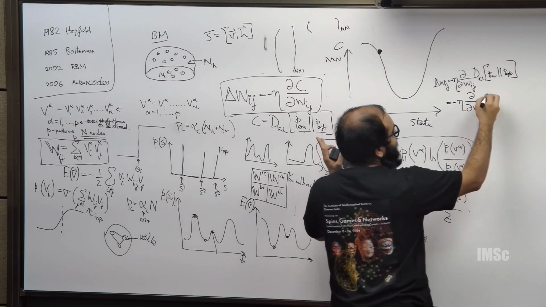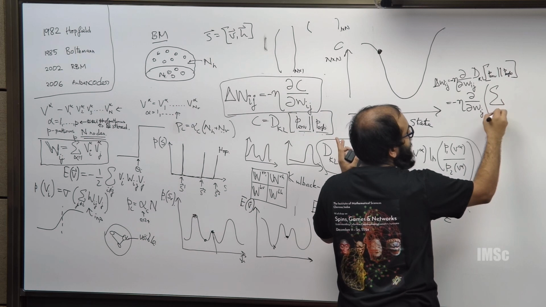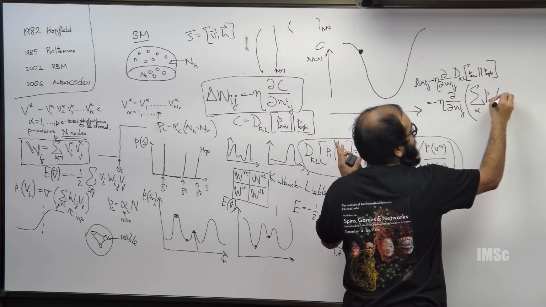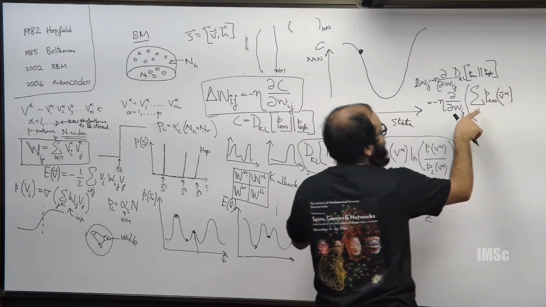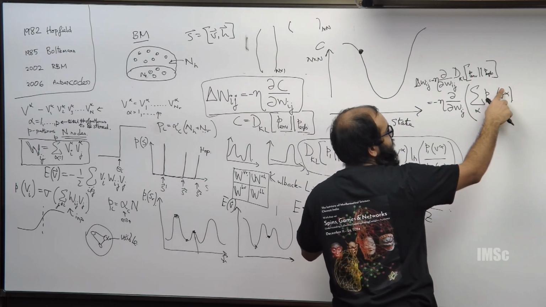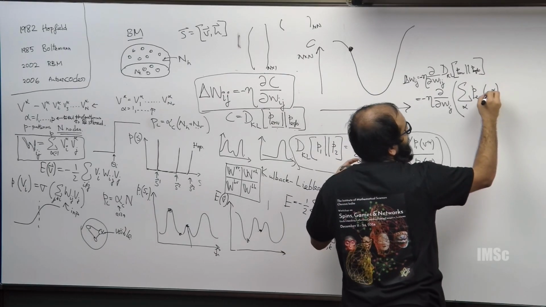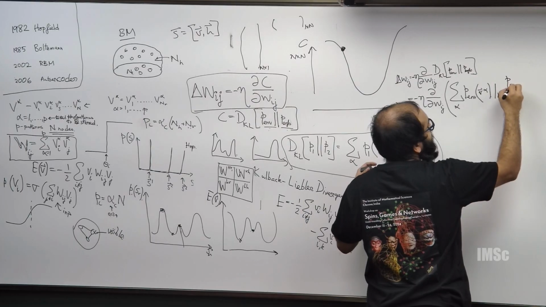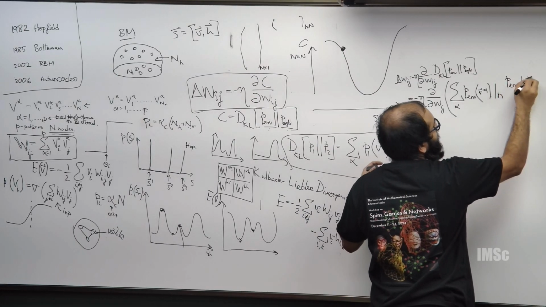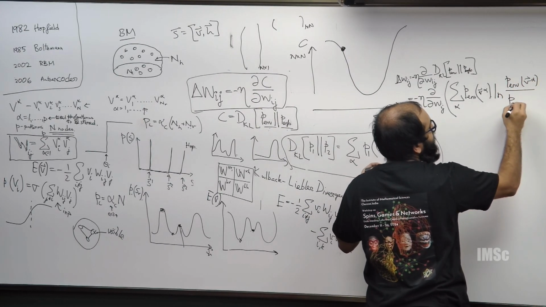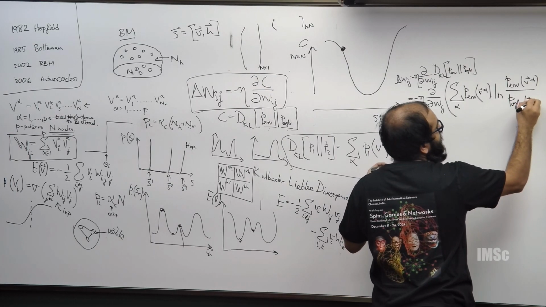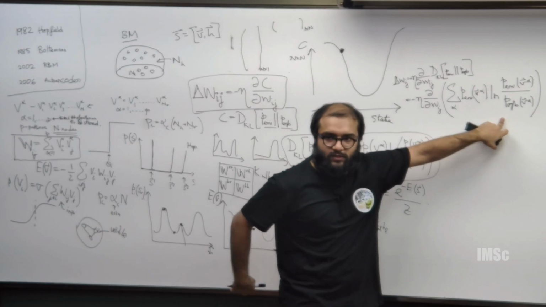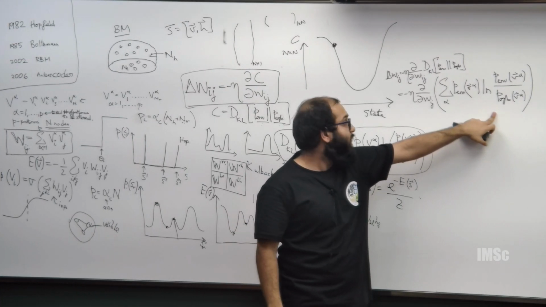If you open it up, it essentially becomes the sum over alpha of P environment of V alpha. I'm writing V over here, this should actually be S, but never mind, I suppose you'll get it. So that will be my gradient descent for this Boltzmann machine.